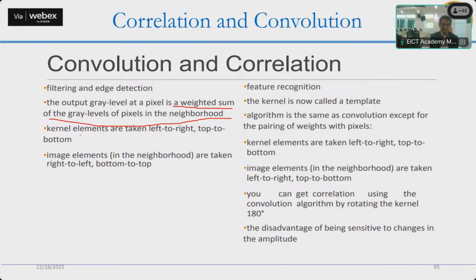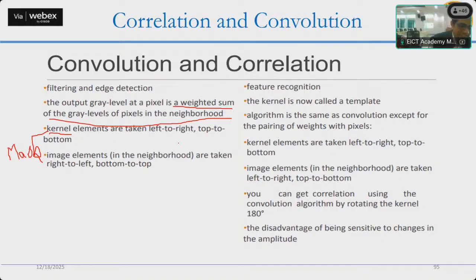Here the kernel elements are taken left to right, top to bottom. What do we mean by the kernel? Kernel is the same thing which we call the mask. Kernel and mask are the same thing; kernel and filter are the same thing.